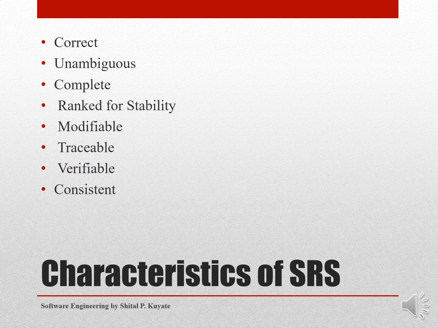There can be logical or temporal conflicts between the specified requirements and some requirements whose logical or temporal characteristics are not satisfied. So, all these are the different characteristics of SRS.